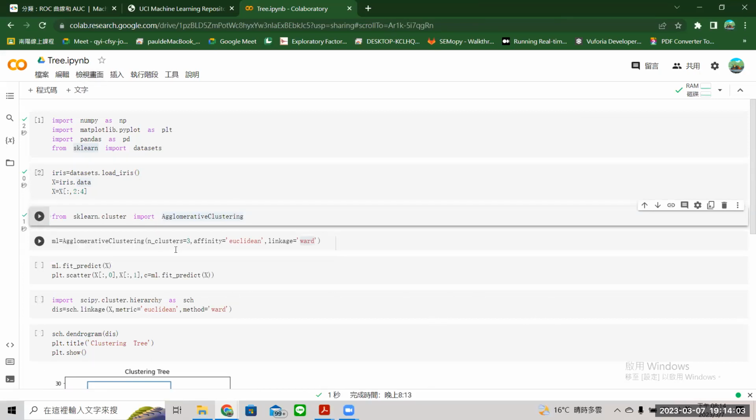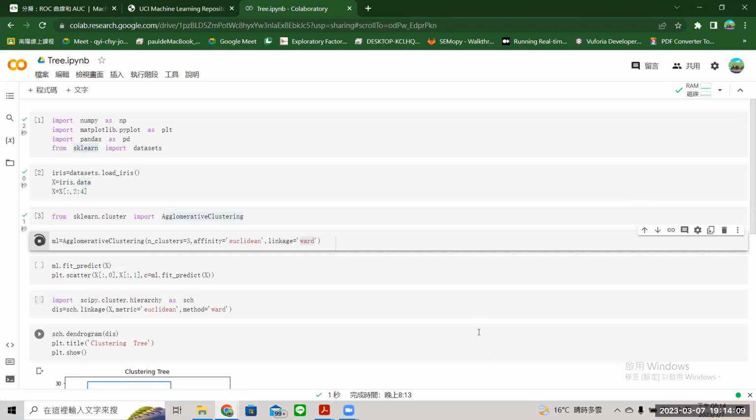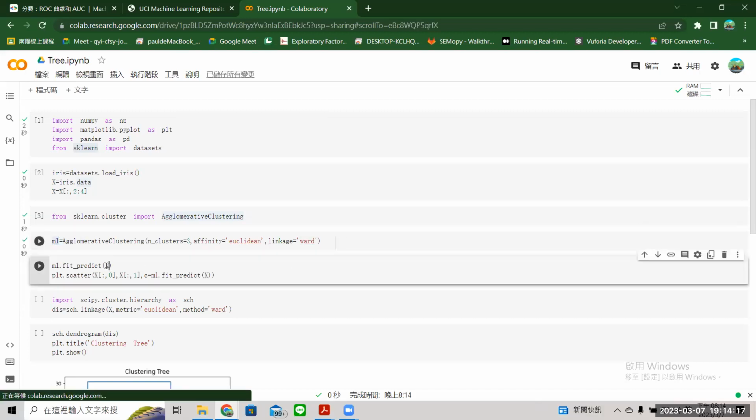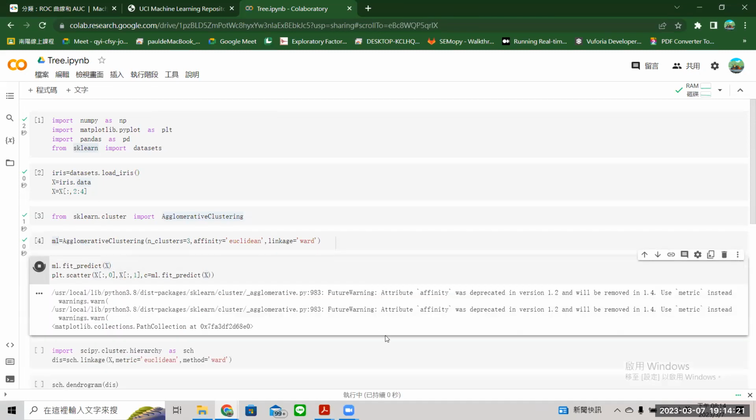Then I try using this sample with 2 or 3 groups. Then I use fit, because I already defined the model. Now I use this to fit my model.